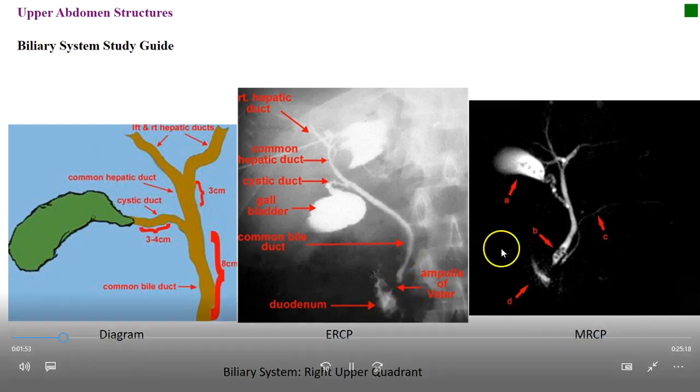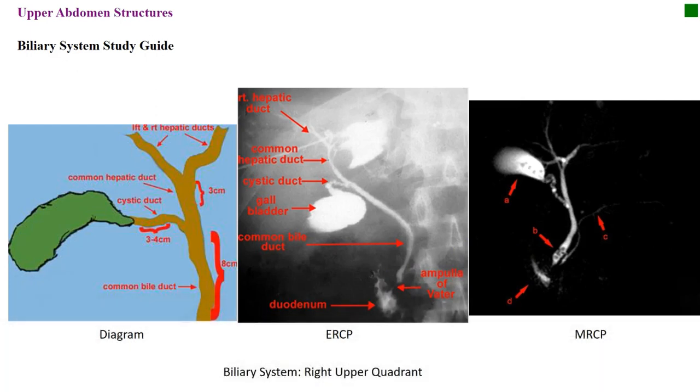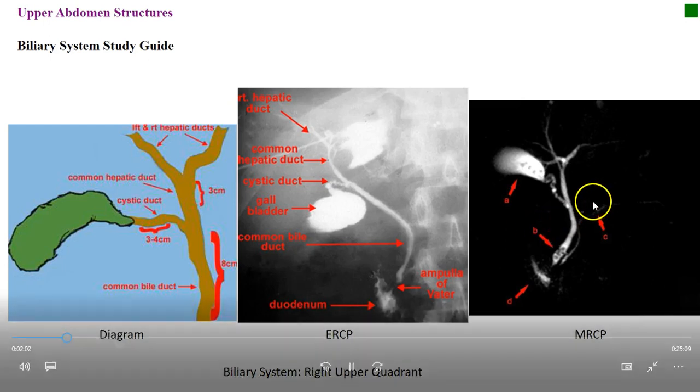And then here on the MRCP, you don't actually need any contrast. It is picking up the signal from any fluids. So you actually get to see the duct of Wirsung here, which is kind of neat. And then you see the gallbladder here and the cystic duct, which looks like it might be a little tortuous or might even have some stones.